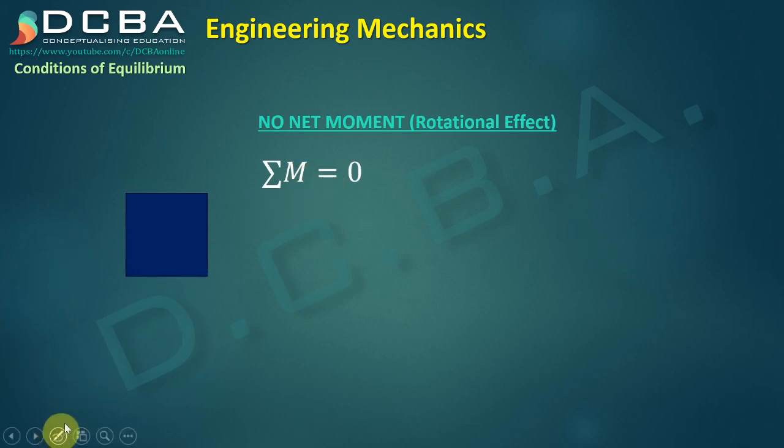So summation of moment on any point on this body has to be 0, because if any point is experiencing a rotational effect, it means that it is causing disbalance to this object. Therefore, any point on the object has to have no rotational effect, or summation of moment on that point has to be 0. So these are the three very important conditions of equilibrium. Summation Fx equals to 0, summation Fy equals to 0, and summation M equals to 0.